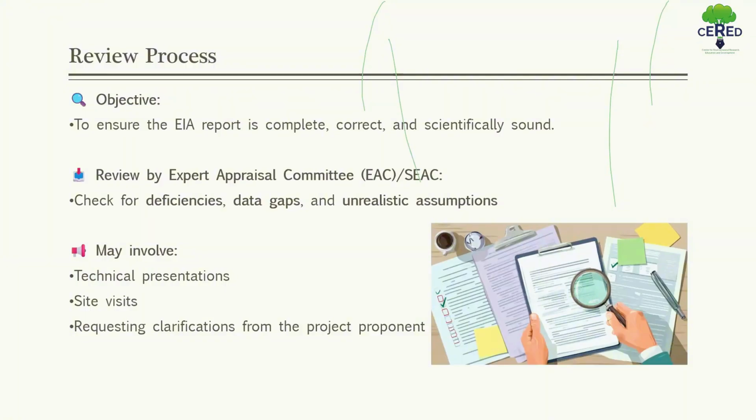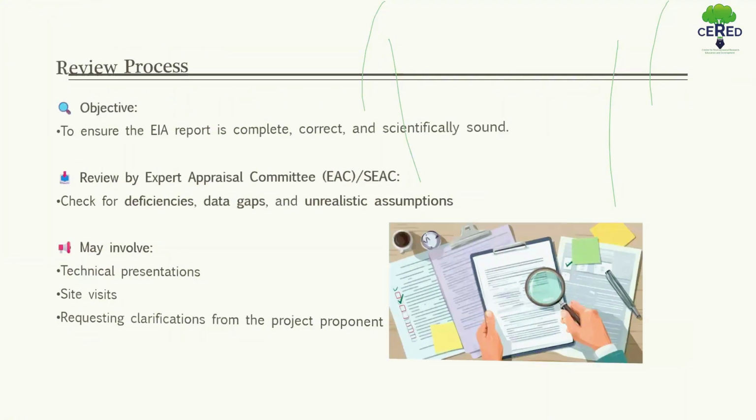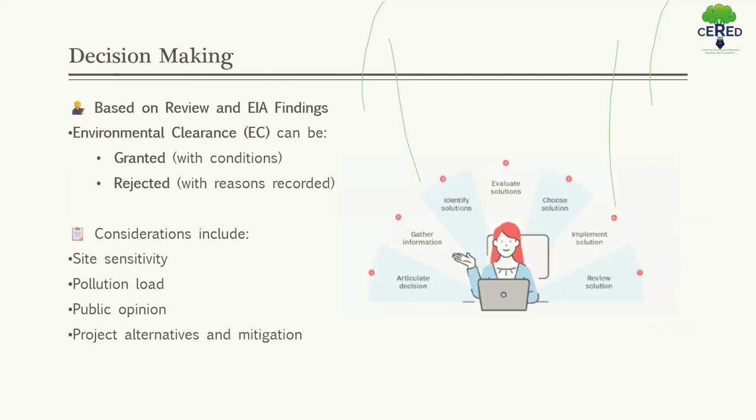It may involve technical presentation and site visit, as I say. The last one is the decision-making step, because based on the review, authorities decide whether to grant or reject EC, that is environmental clearance, and they consider site sensitivity, pollution level, public views, and available alternatives.